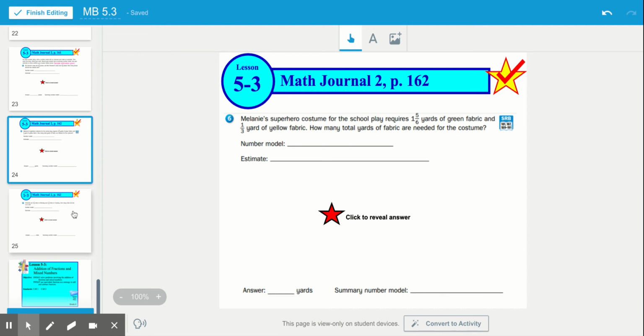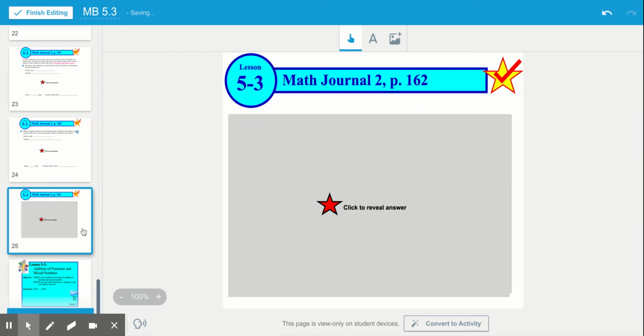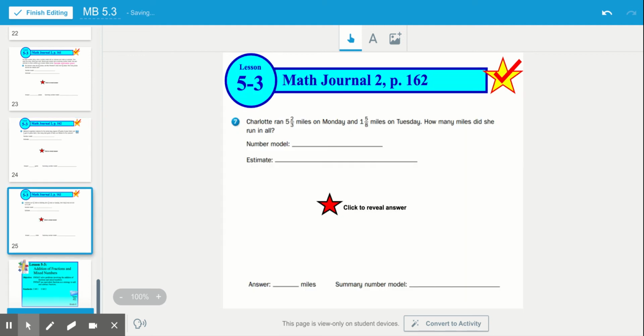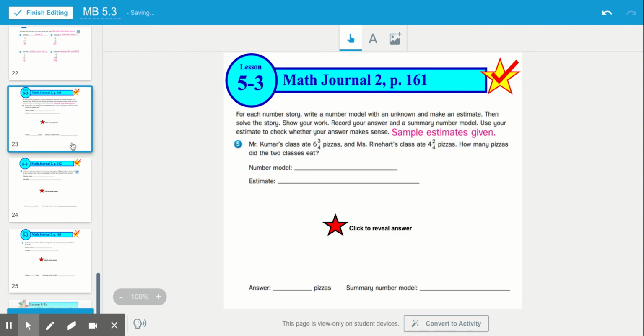Are they common? Or do you need to create common denominators? And number 7, Charlotte ran 5 2/3 miles on Monday, 1 5/8 miles on Tuesday. How many miles did she run in all? So go ahead and pause the video, work on 5, 6, and 7. We'll come back and we'll check these together.